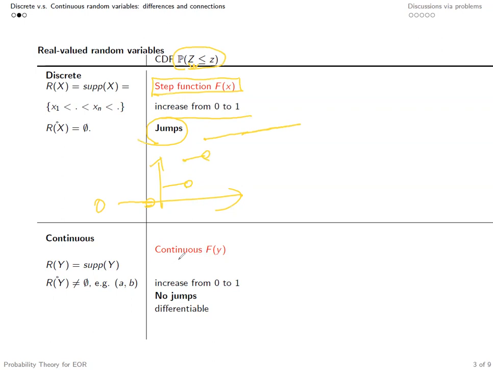Well, for the CDF function of a continuous random variable, we have a continuous and even differentiable CDF function. And they are also increasing from 0 to 1, but there are no jumps and it is differentiable. Particularly for this one, you can even find a density function such that this CDF function F_Y can be written as the Riemann integral of the density function.